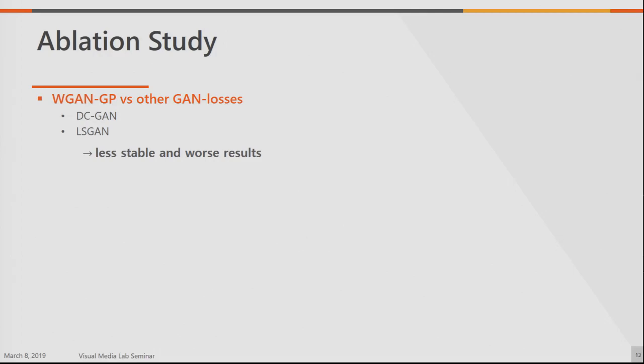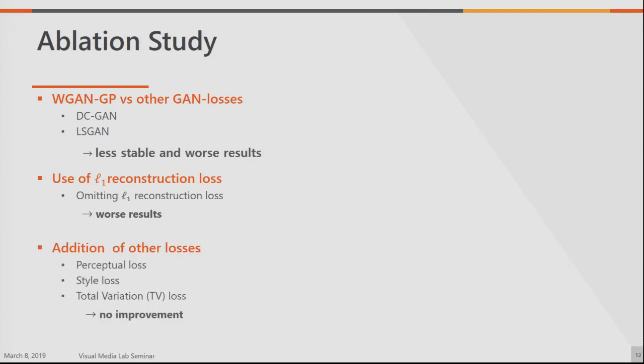They also did an ablation study. So they compared the use of the WGAN with gradient penalty with other GAN losses, like DCGAN and LSGAN, and the result was that the training was less stable, and they also got worse results. And they also looked at if they could maybe remove the L1 loss and only train their network with the GAN losses, but again they got worse results.